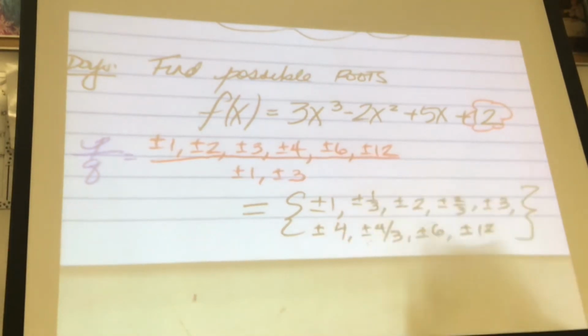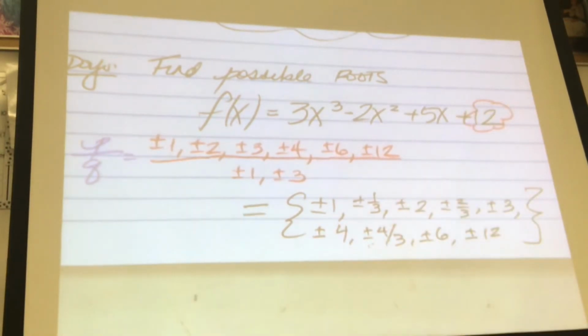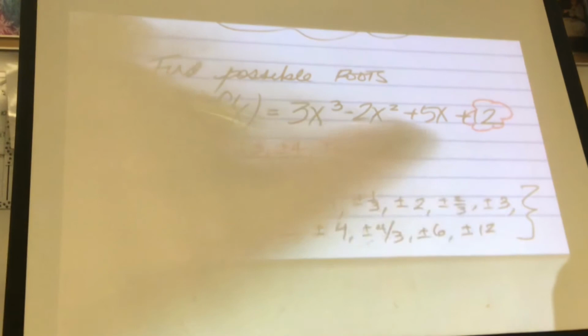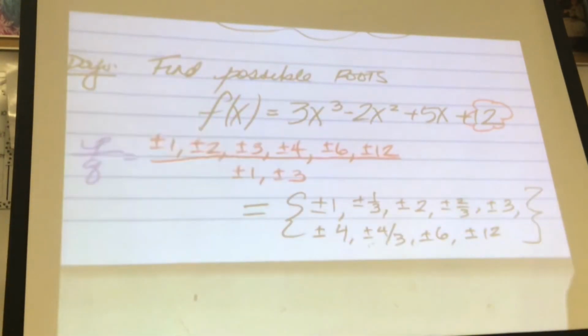No, now I have a pool of numbers to try. I'm not going to just wonder if 1 is a root, or if 2 is a root. Are you really going to go through every number in the world? No, right? Now you have a pool of numbers that you can test for synthetic division to see which one is the root.